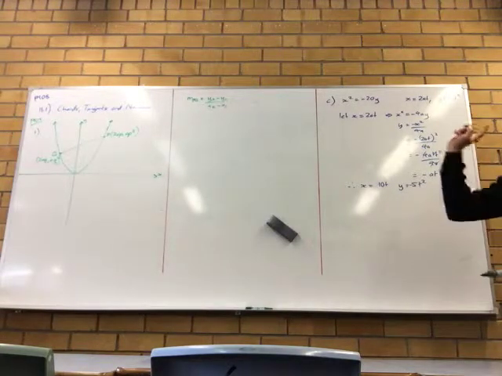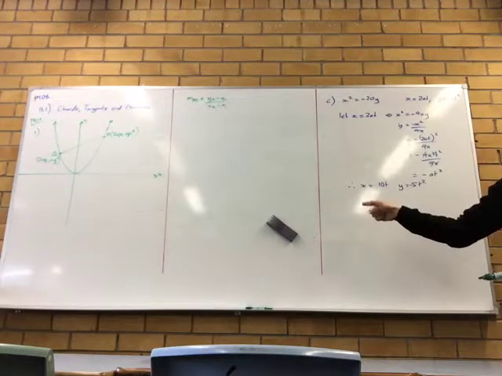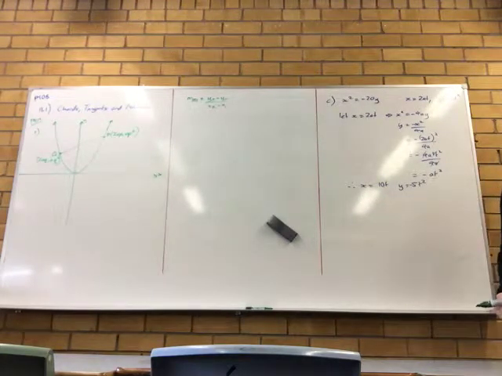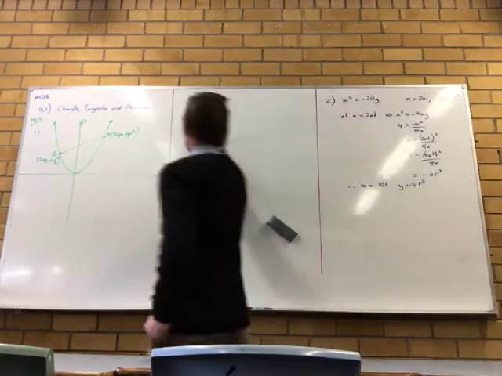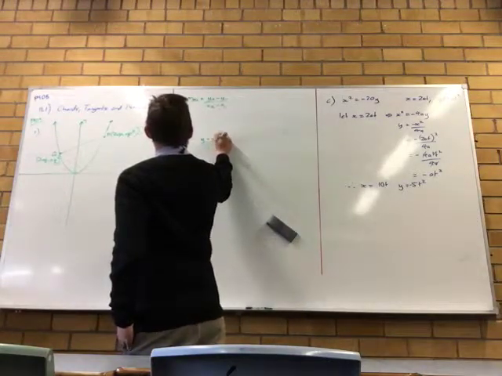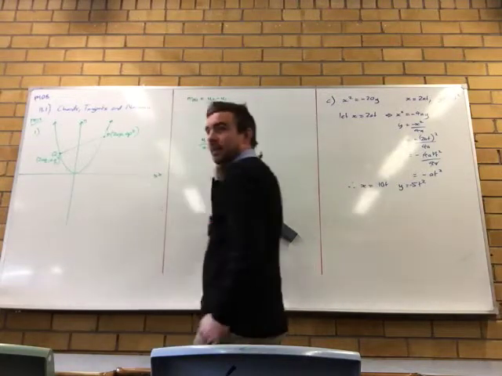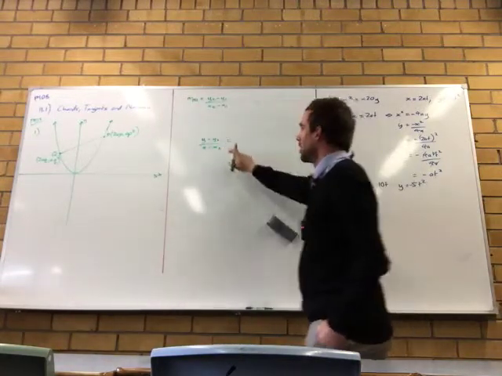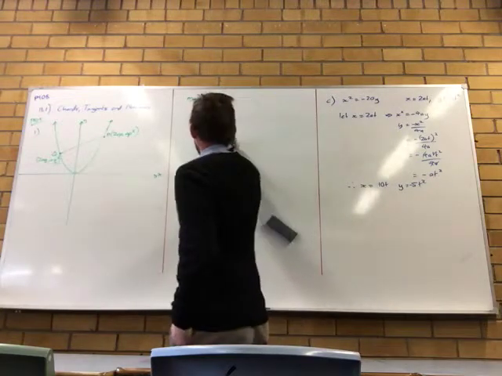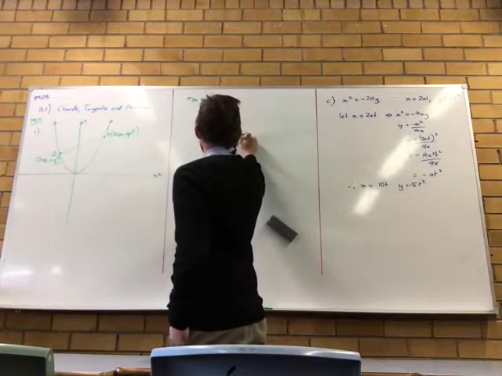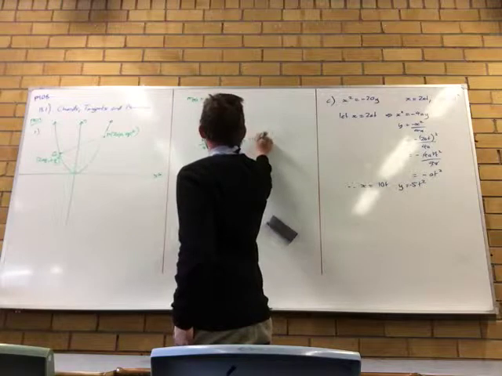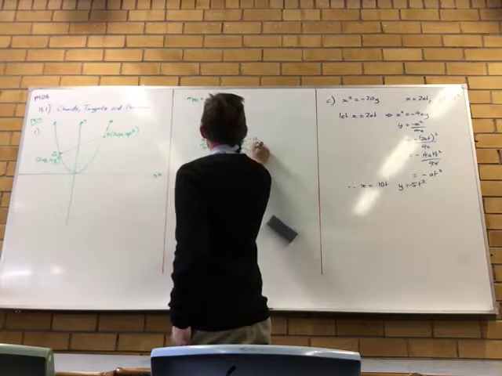That does both the gradient and the point gradient formula in one. So y take away y1, x take away x1 is equal to y2 take away y1 over x2 take away x1.